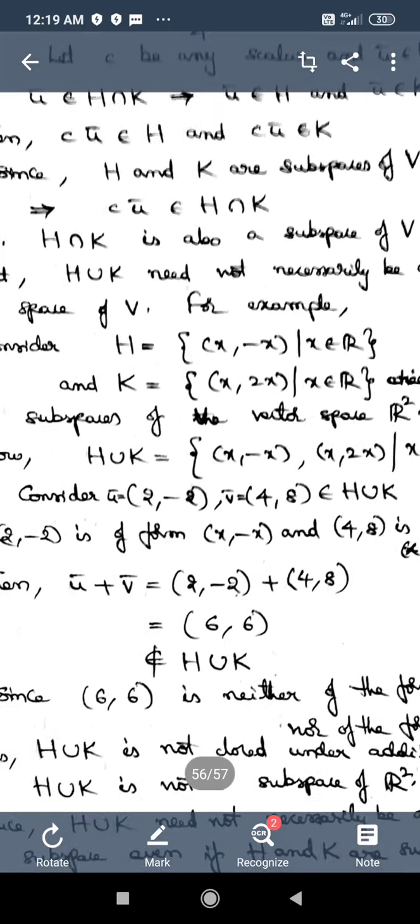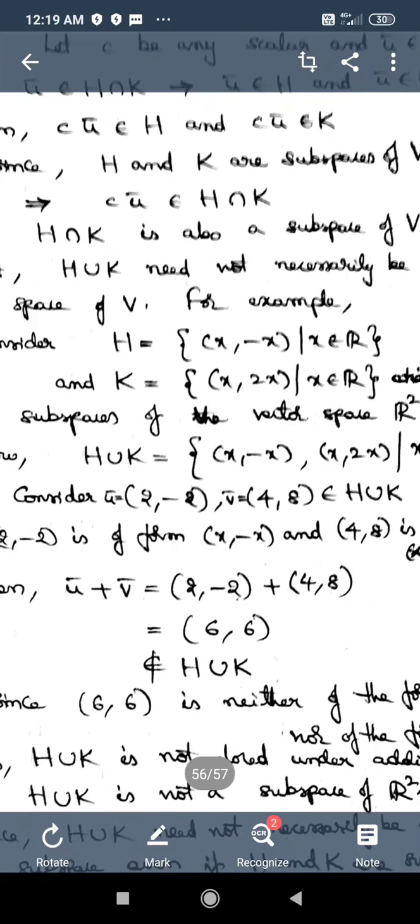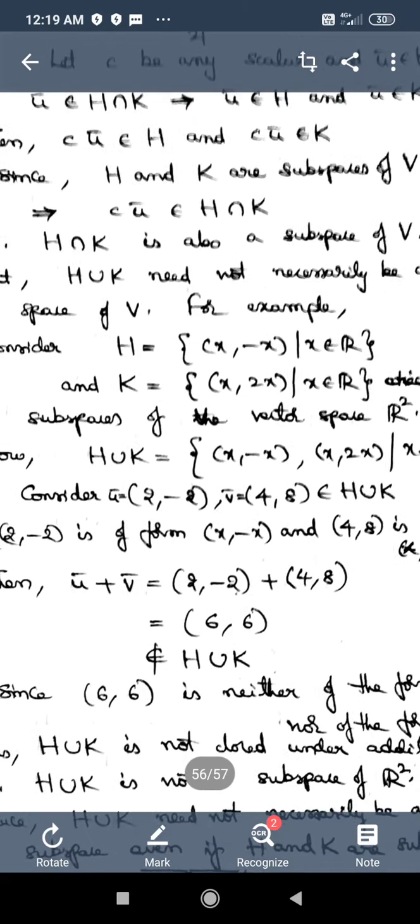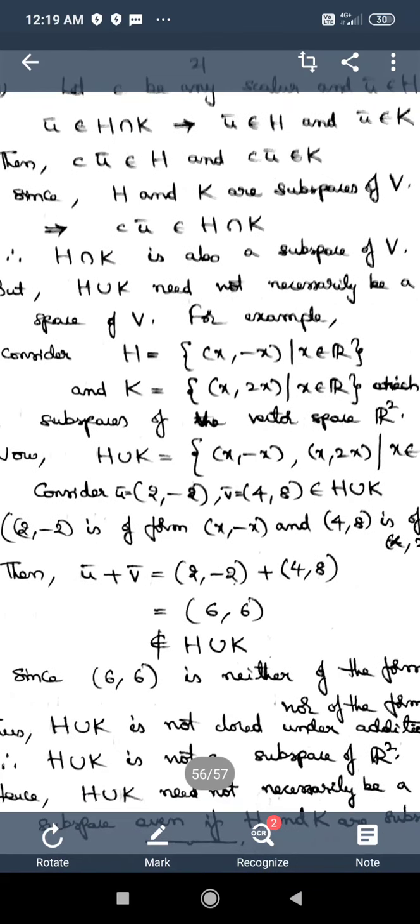So Cu bar belongs to H and Cu bar belongs to K because H and K are subspaces of V. And if this element Cu bar belongs to both the sets H and K, then it belongs to their intersection also. Therefore, Cu bar belongs to H intersection K.